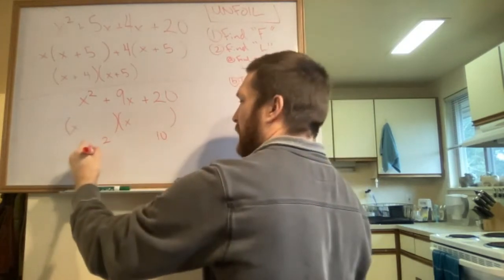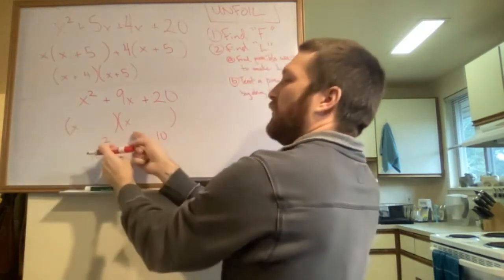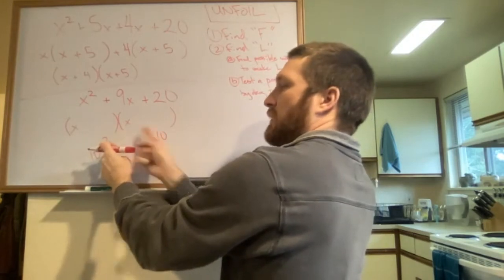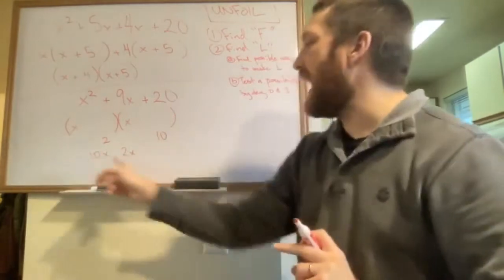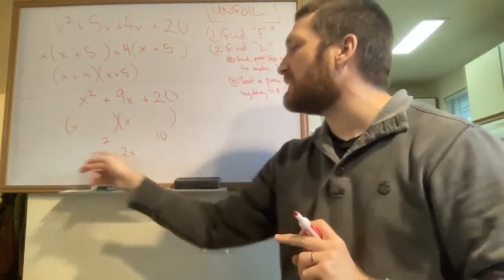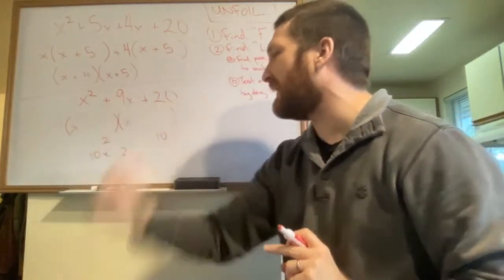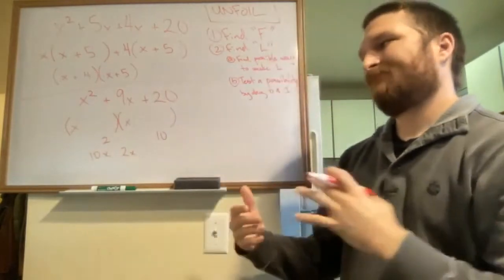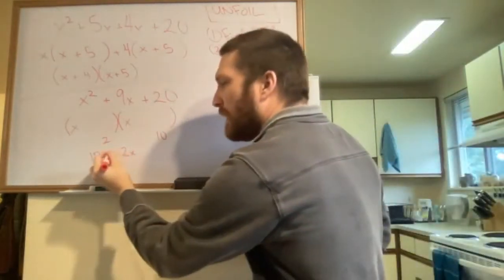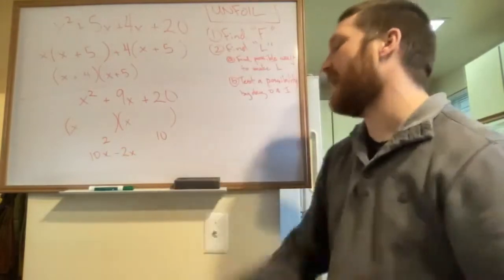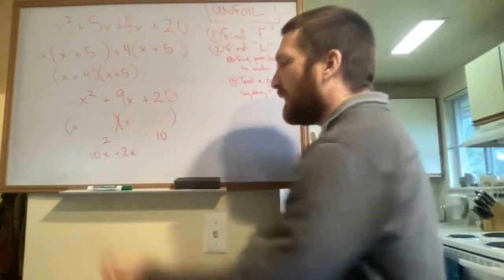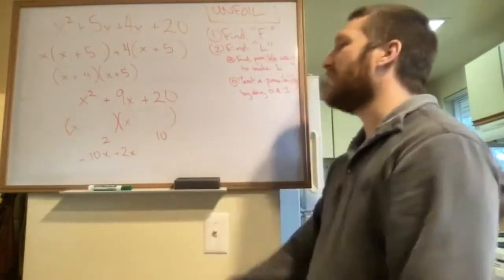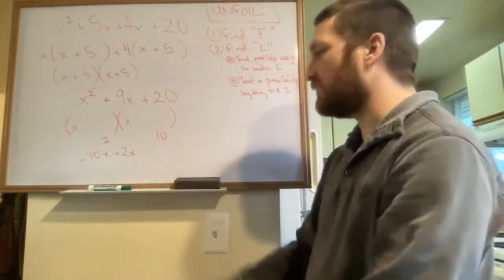If I did my inner, what would I get? 2x. Now I ask myself, is there some way I could add or subtract these from each other to give me 9x? No. If I did a minus 2x, I would have 8x. If I added them together, I'd have 12x. If I put a minus over here, I would have negative 8x. There's no way of doing it.